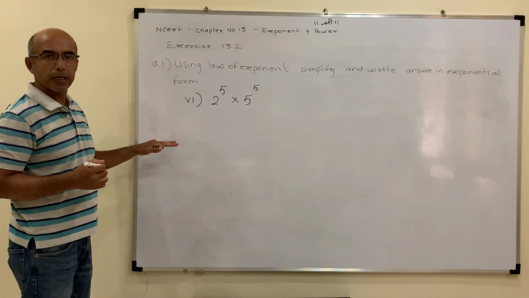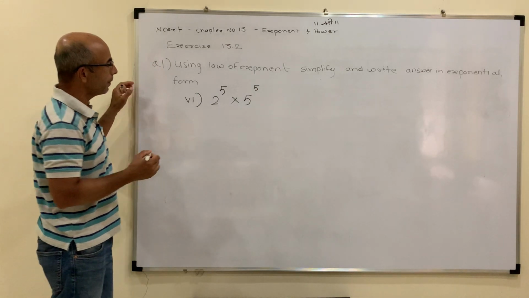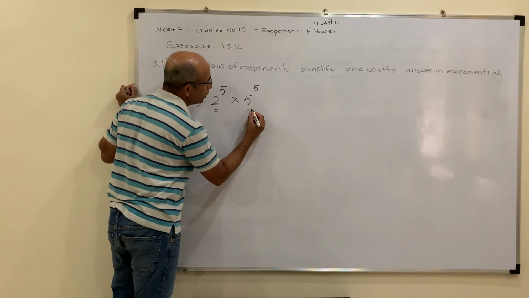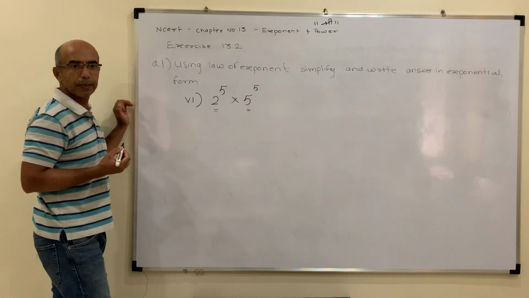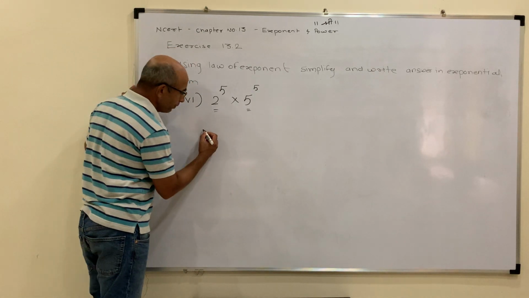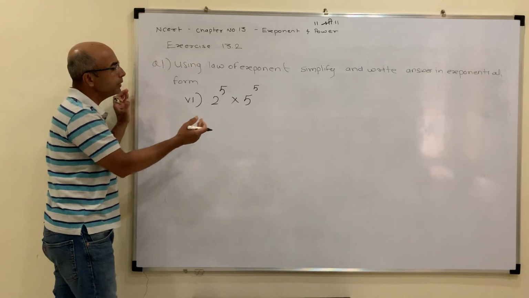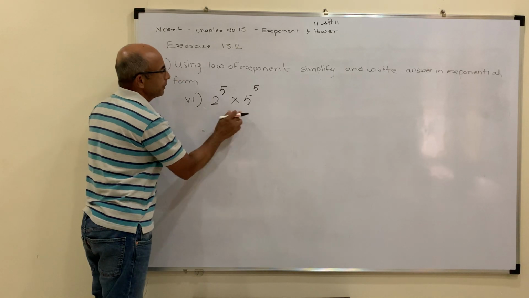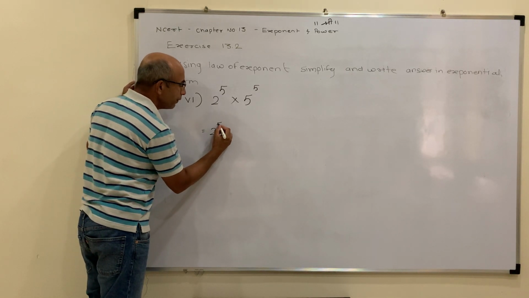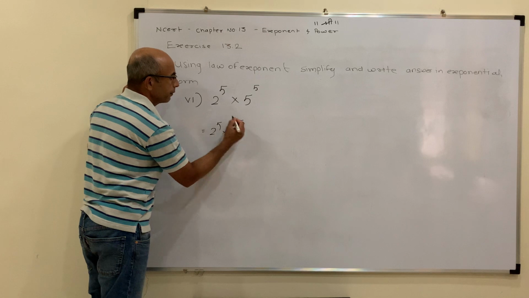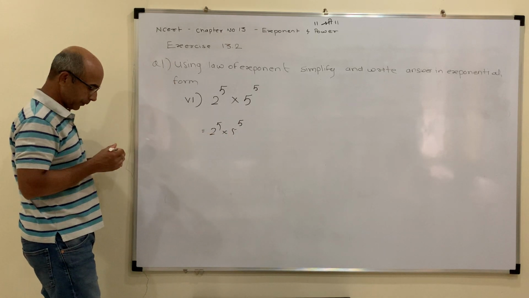Now here nothing can be solved because, see, my base is not same, so I won't be able to apply the law of multiplication over here. This problem cannot be solved to further steps because the base is not same. So the answer is 2 raised to 5 into 5 raised to 5. That's it. Nothing can be done.